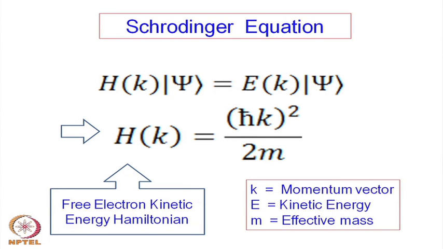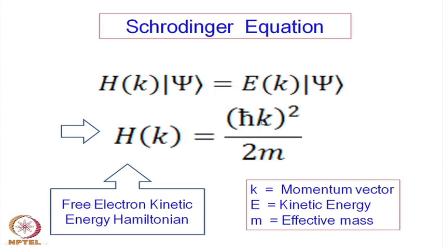Well, once again I will not go into the details of that, just one or two points. This is what we write as the Schrodinger's equation. This is a Hamiltonian H of k, psi, and then it gives rise to this value of k, h bar.